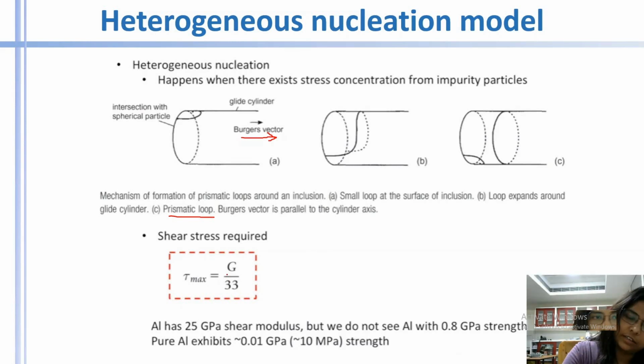Again, if we put this for aluminium with 25 GPa shear modulus and divide by 33, we get 0.8 GPa. So it has reduced from 2.5 to 0.8, but it still does not match what is observed experimentally, which is 0.01 GPa.